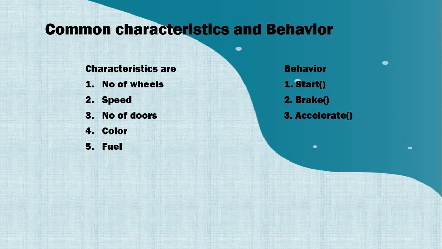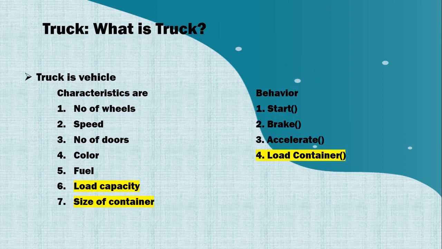All these basic characteristics are derived in the derived classes also when we are creating the class. But apart from these, take the truck, which is considered a vehicle. It has all the characteristics from the base class.